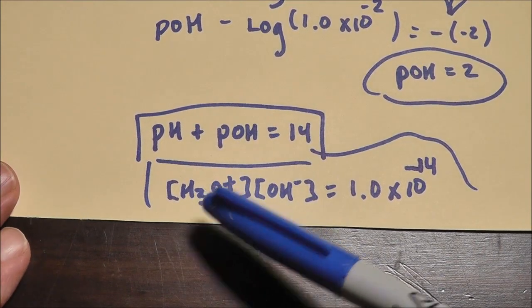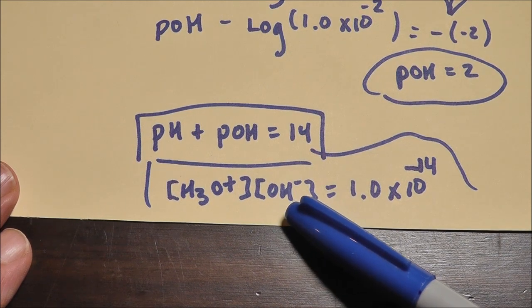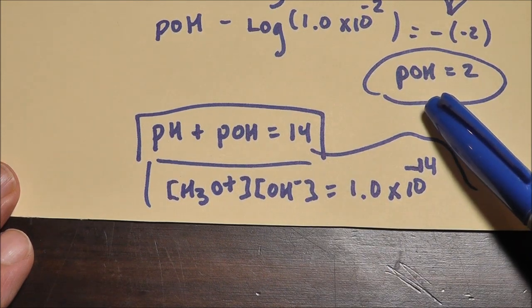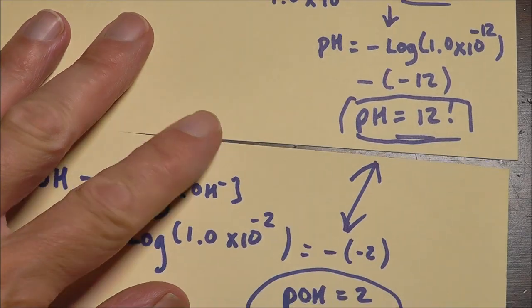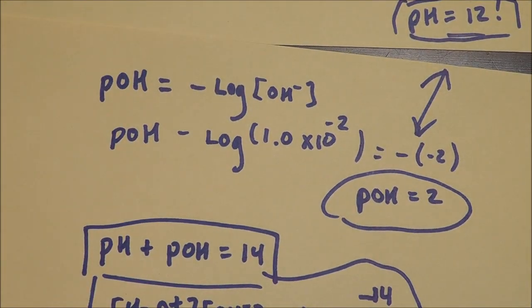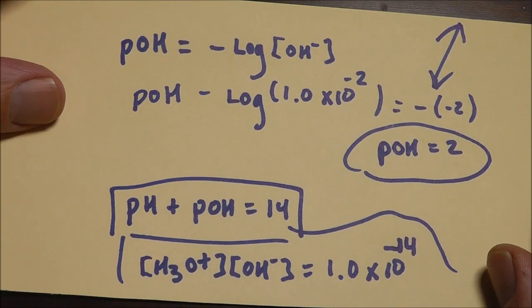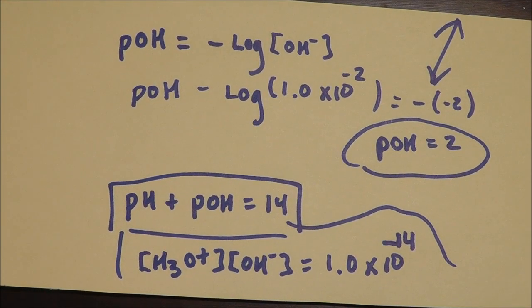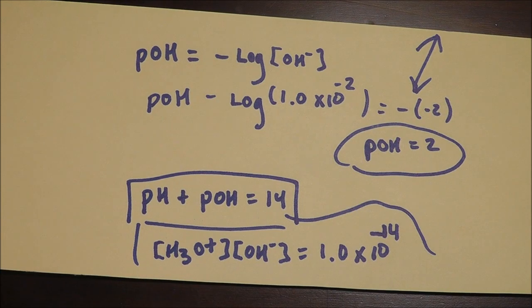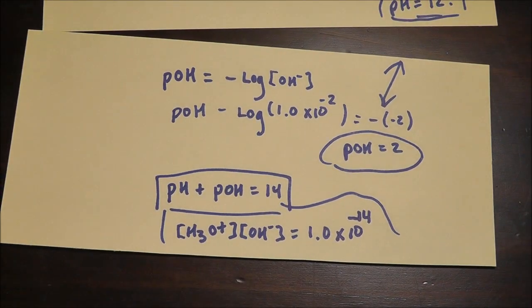You've got the H3O+ concentration, the OH- concentration, the pOH, and the pH. 4 ways to express one solution in different ways, depending on what your goals are. And you'll see a little bit clearer picture of what our goals are when we talk next time, because next time we're going to talk about the strength of acids and bases and how we can use pH and pOH to express that.